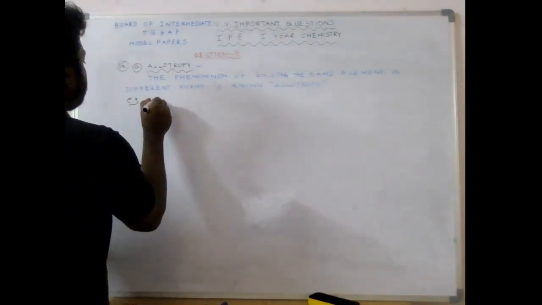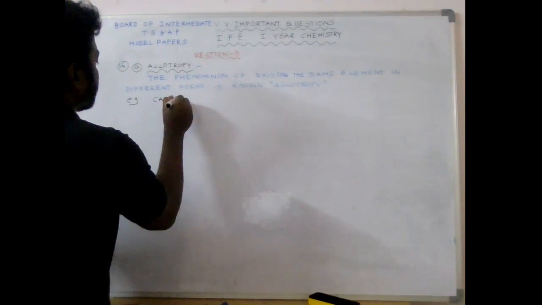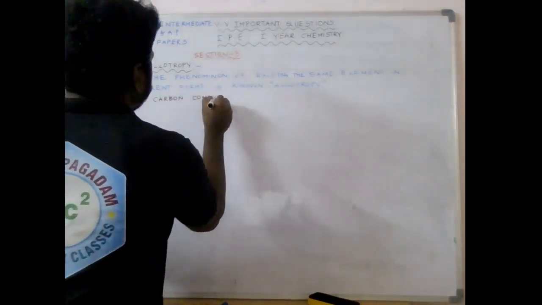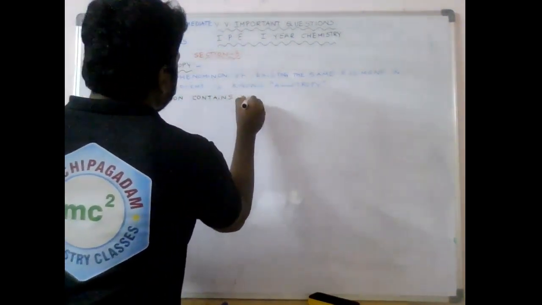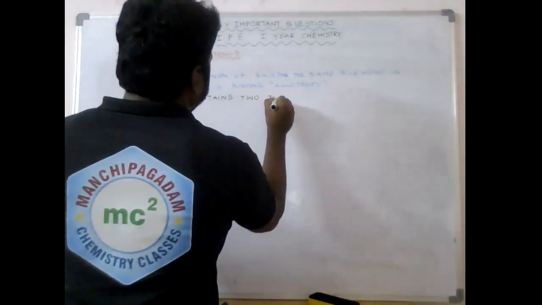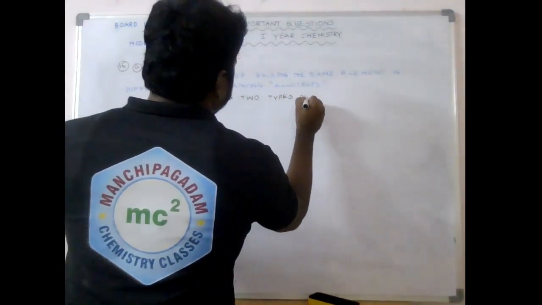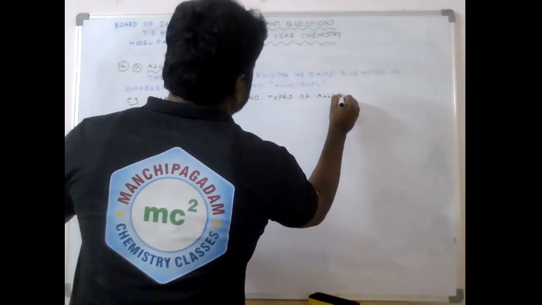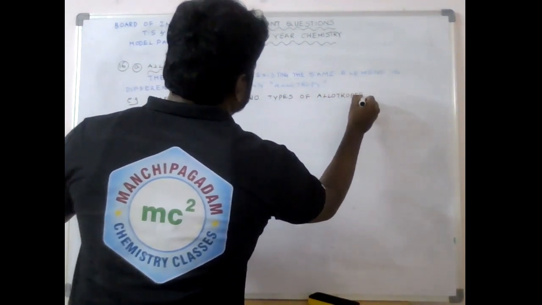Example: carbon contains 2 types of allotropes. Why are we writing this? Because he asked what do you understand from the following, so we have to write the examples also, then only we will get the marks. What are those? Crystalline forms and amorphous forms.